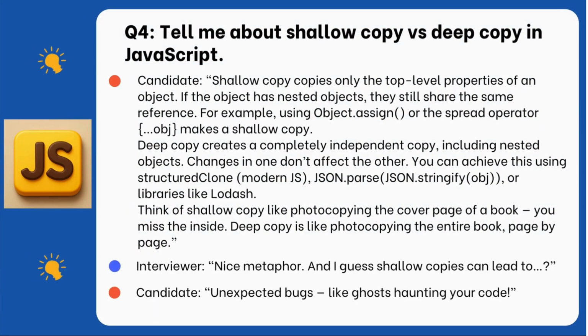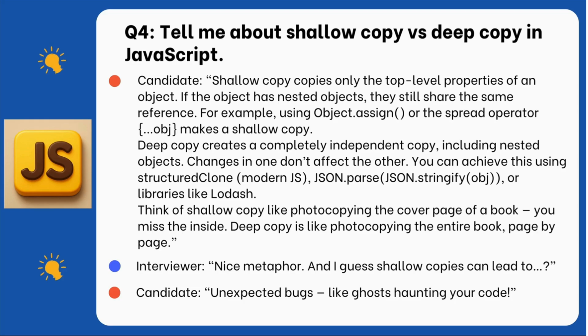Tell me about shallow copy versus deep copy in JavaScript. Shallow copy copies only the top-level properties of an object. If the object has nested objects, they still share the same reference. For example, using Object.assign or the spread operator, {...obj}, makes a shallow copy.